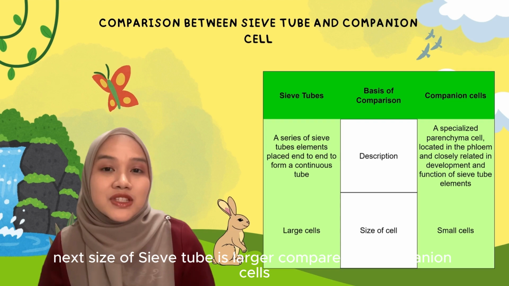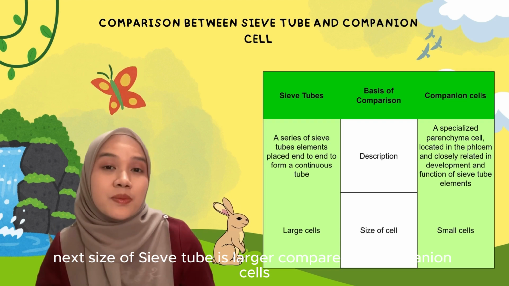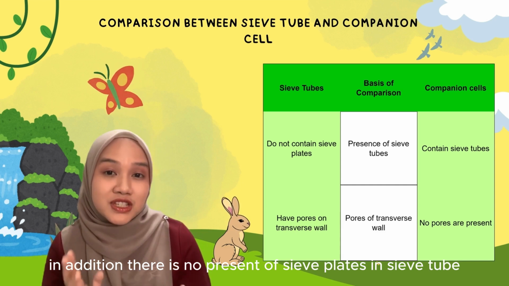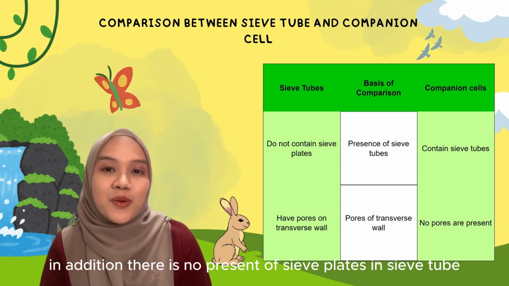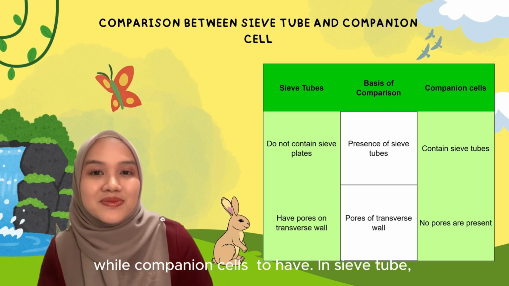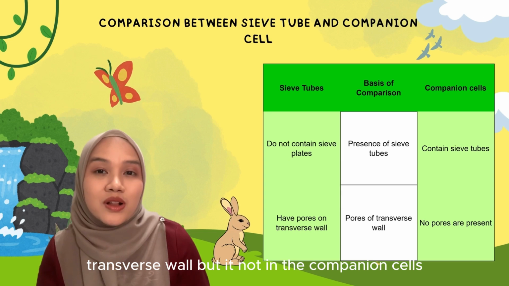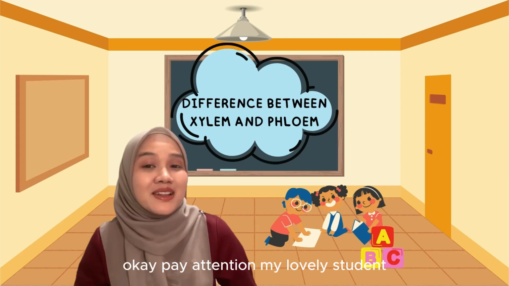Next, the size of sieve tube is larger compared to companion cells. In addition, there is no presence of nucleus in sieve tube, while companion cells do have it. In sieve tube, we can find pores on its transverse wall, but not in the companion cell.